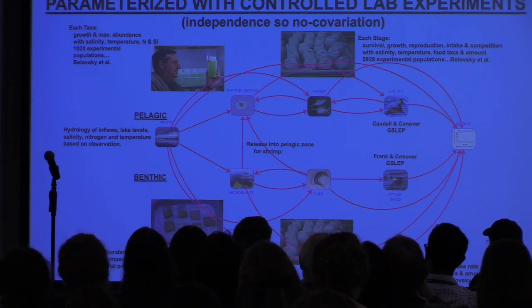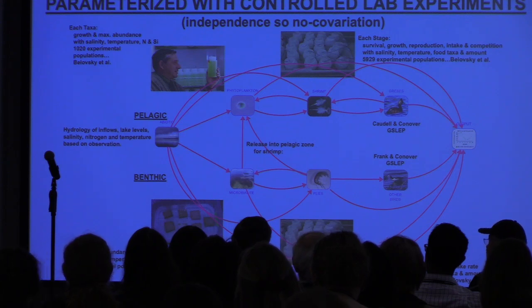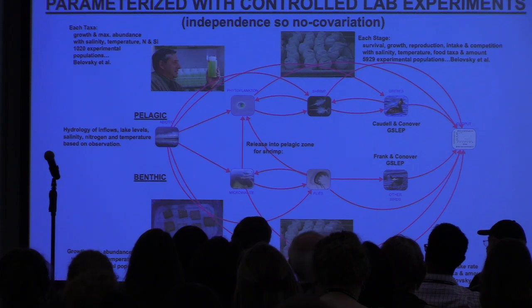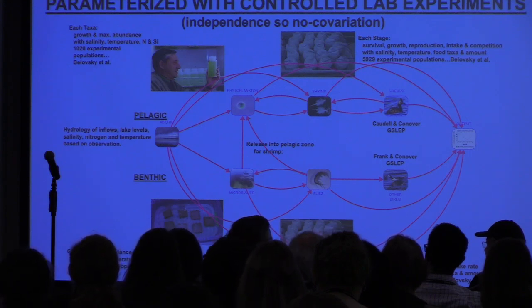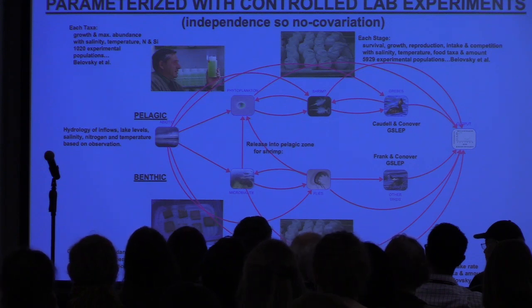So you're not measuring things independently: what is the effect of temperature, what is the effect of salinity, what is the effect of nutrients on the growth of the phytoplankton and on the microbialite biofilm, what is the effect of temperature and salinity and abundance of food and type of food on the growth, survival and reproduction of the shrimp and of the brine fly larvae. So this requires many experiments.